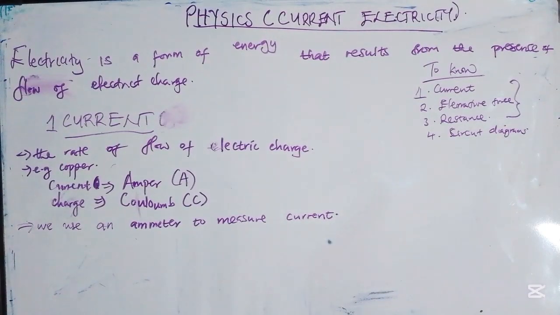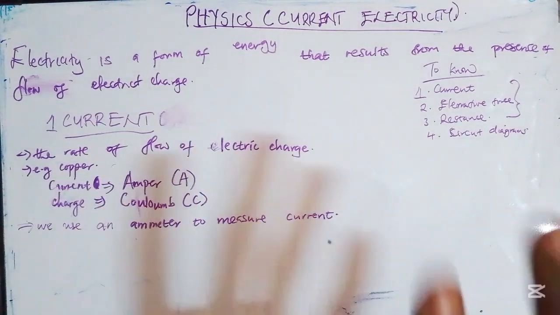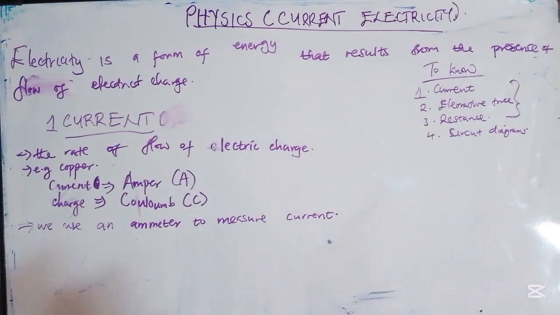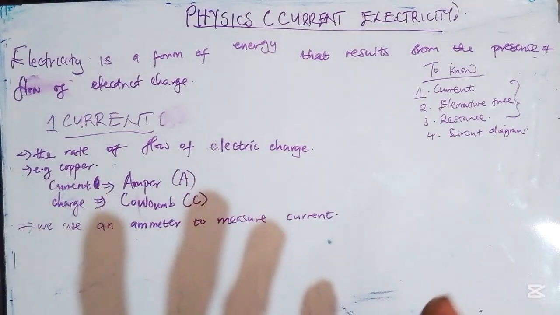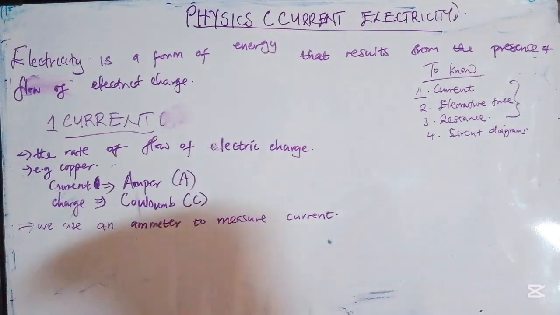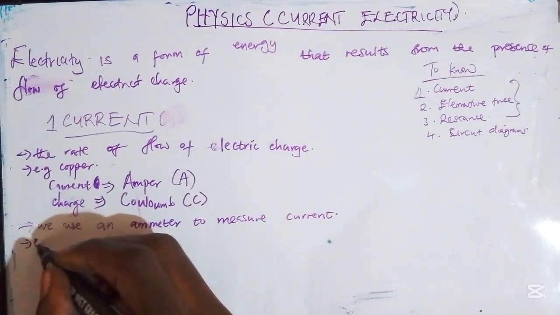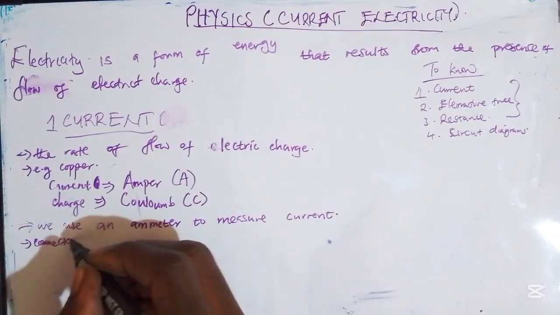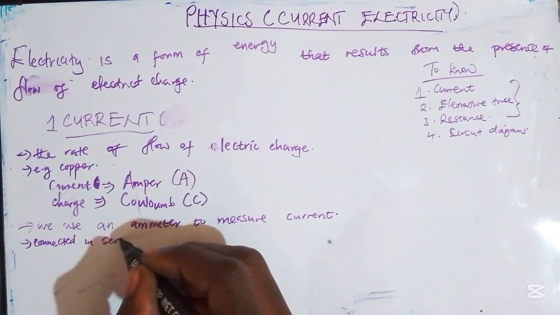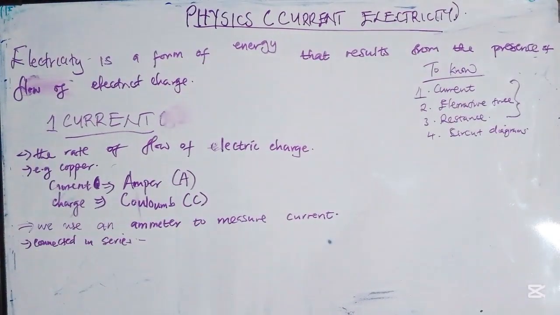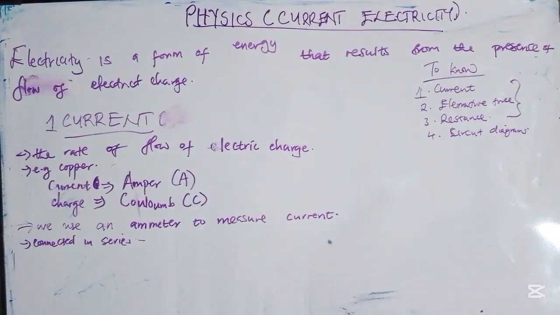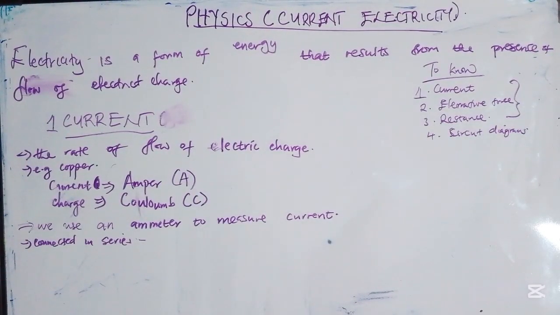So these are the things which you need to know. And one more thing is that an ammeter is always connected in series. You have to know that an ammeter is always connected in series. So why is the ammeter connected in series? Stick with me so that you understand why.